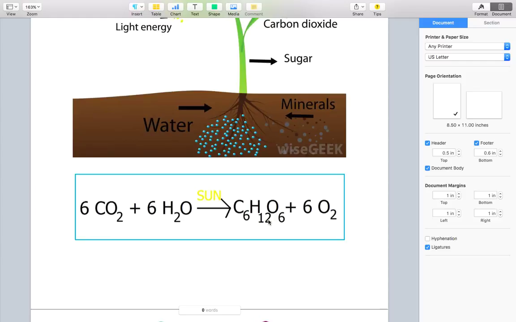Now, although photosynthesis is performed differently by different species, the process always begins when energy from light is absorbed by proteins called reaction centers. And these reaction centers contain green chlorophyll pigments. So green chlorophyll is found inside the chloroplasts. We talked about chloroplasts and organelles inside cells in the previous videos.